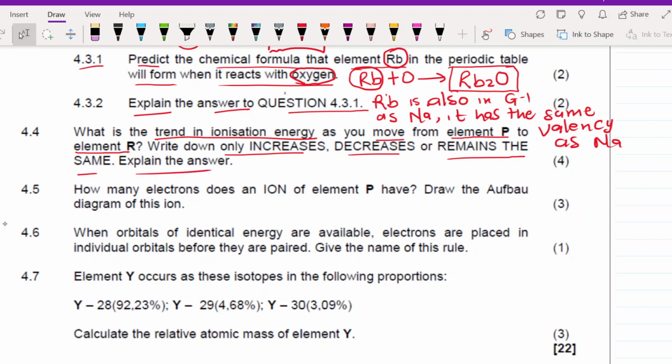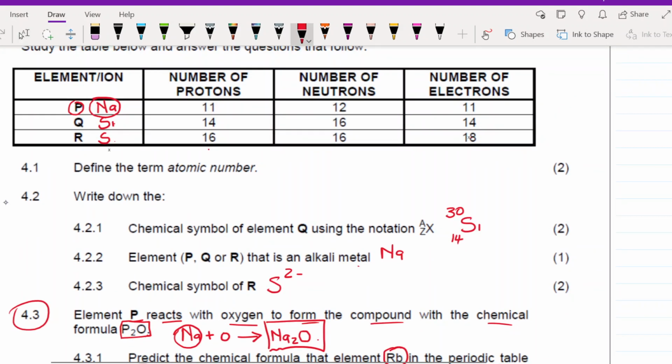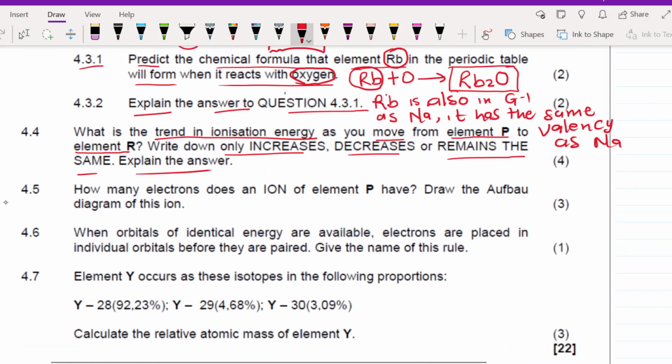So this is element P, element Q, element R. So we want a trend now as we move from P to R. Remember, P is sodium, Q is silicon, and R is sulfur.